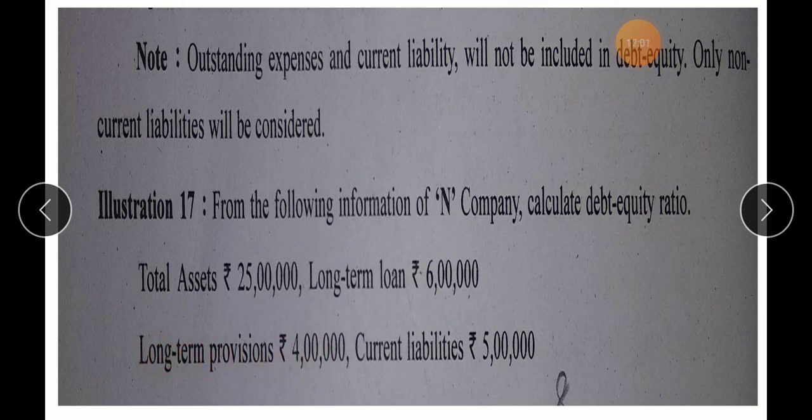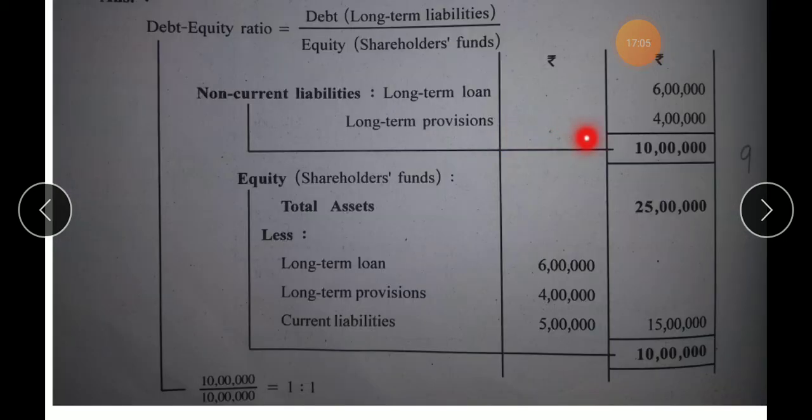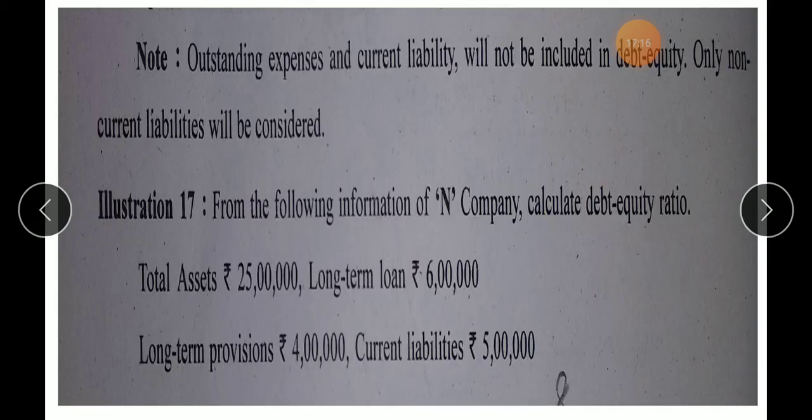So what is total non-current liabilities? 10 lakh. Long-term loan 6 lakh plus 4 lakh, 10 lakh. So these are non-current liabilities. Now the second thing that I want to obtain is shareholders' funds.